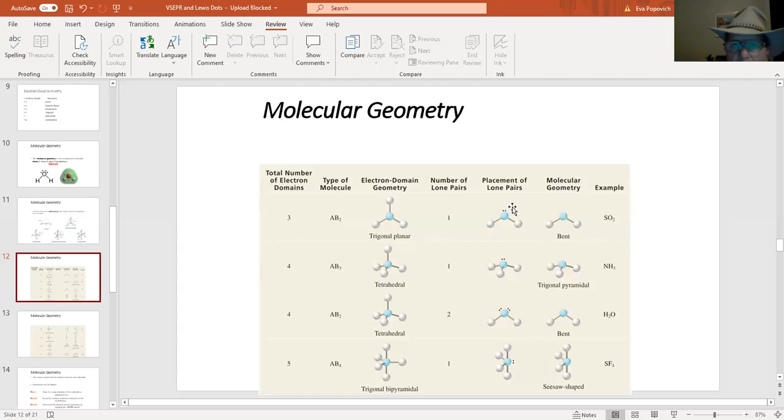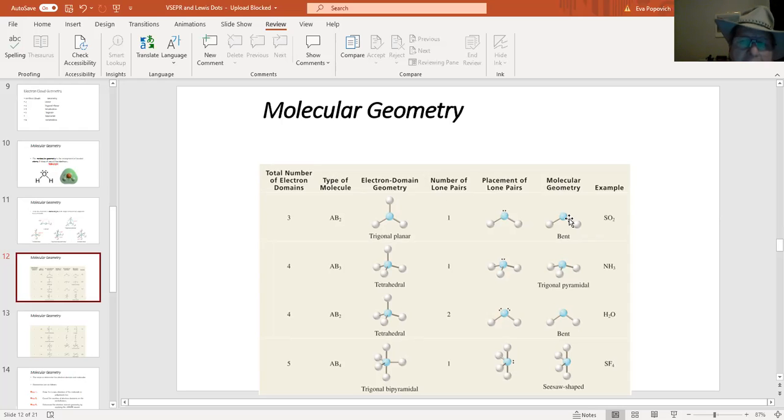There's more force exerted down onto the bonding pairs than the bonding pairs can exert back up. What happens is this bond angle gets shrunk. The bond angle is less than 120 degrees. So with 3 electron clouds around the center atom, the electron domain geometry is trigonal planar. If one of the things is a lone pair, I have a molecular geometry of bent.